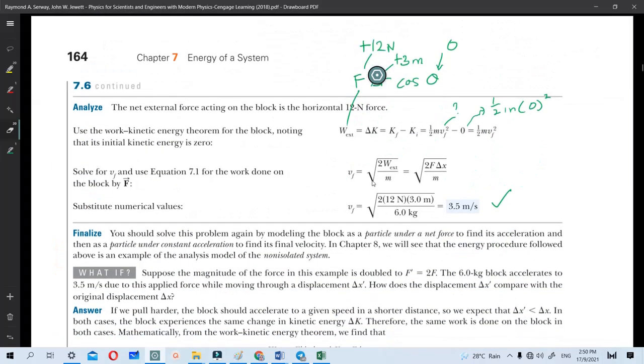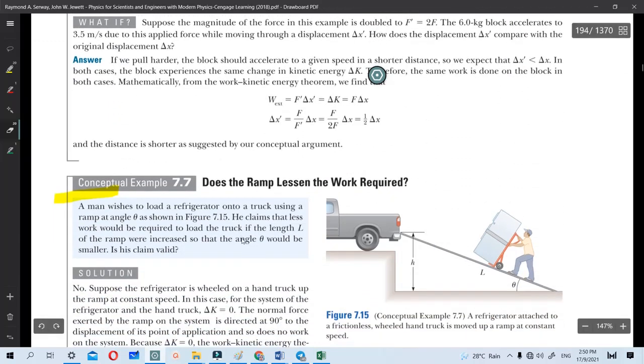Let us now look at page 164, conceptual example 7.7. In this example, we are going to see whether the amount of work is equal, less, or larger by using two methods: either number 1, through the incline or ramp, or through here, the vertical climb.